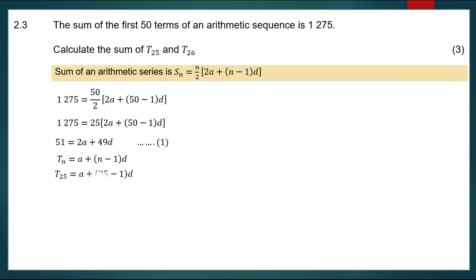All I did was to substitute 25 for n, and I got a plus 25 minus 1, which is just 24d. I said this is equation number 2. I did the same thing with T26 and said this is equation number 3. I added the two and got my equation number 4.